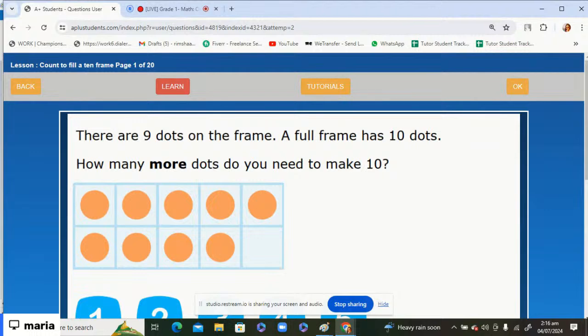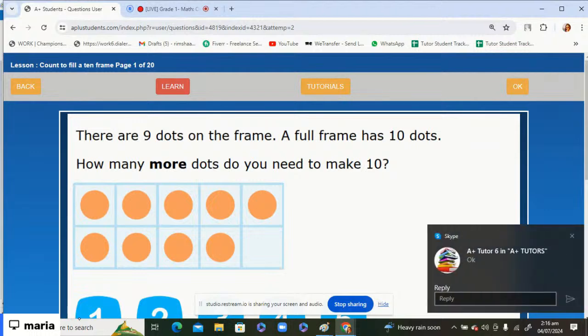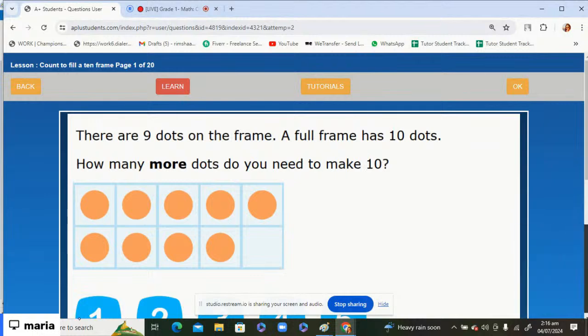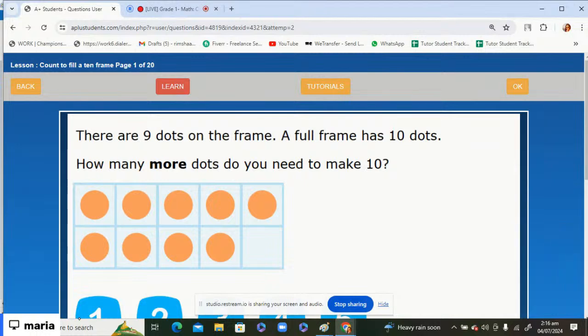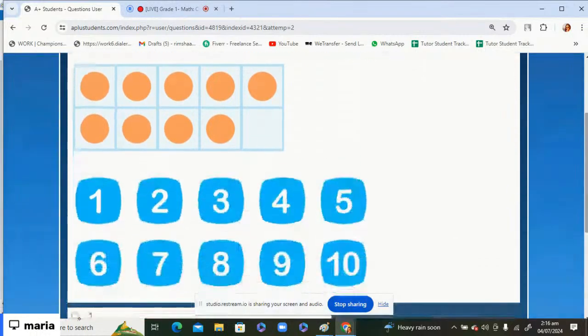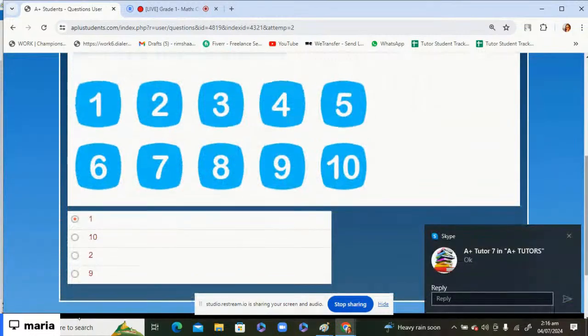So how many more dots do you need to make 10? Count the empty spaces, do it fast. How many empty spaces are there? Only one. Look here. So there is only one more dot that you need to make the full frame 10. So we say it's 1. Let's put 1.